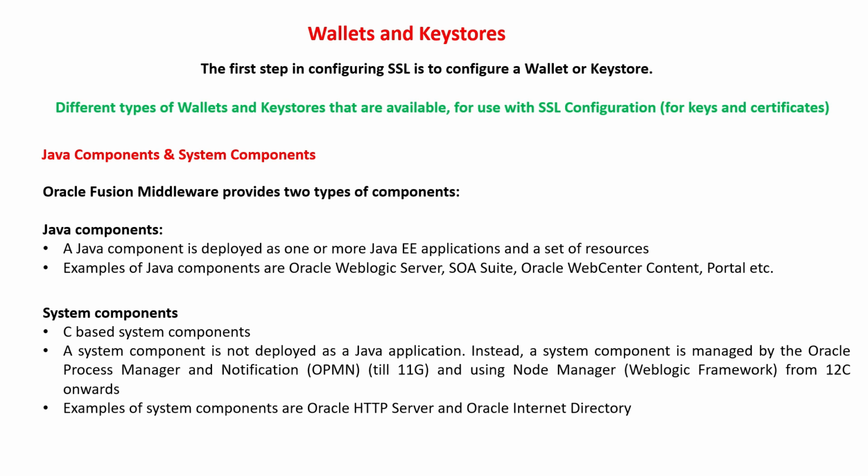If we design an interface that is completely based on Java, we deploy that interface on the WebLogic server, and then we can use that framework for the management of Oracle Internet Directory, OID, or OHS. This is the same terminology that has been adopted by Oracle as well, specifically in terms of system components. System components cannot be deployed on the WebLogic server.